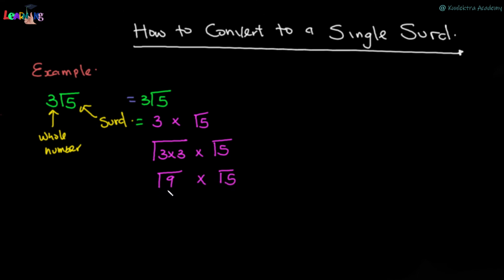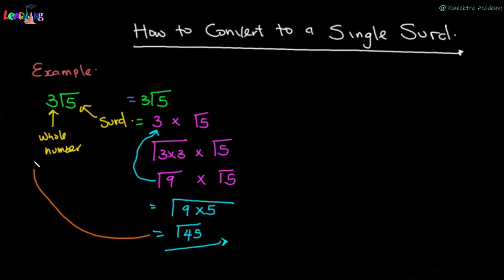Remember, when you find the square root of 9, you still end up getting your 3. So you have root 9 times 5, from the rule I gave you. 9 times 5 is 45. This is how you can convert back to a single surd.